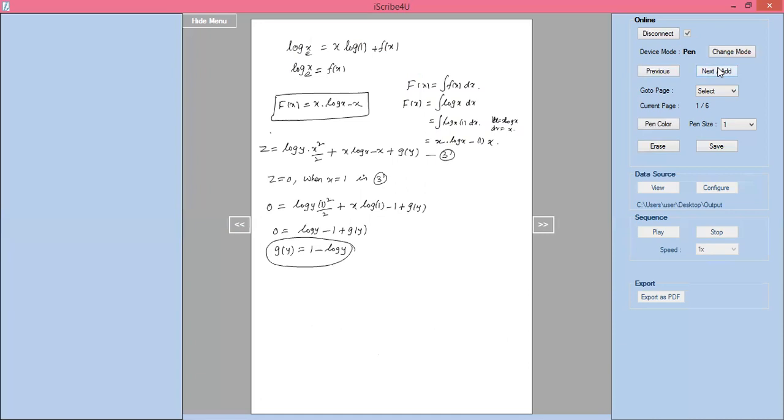Substituting g of y in equation 3, you'll get z equals log y into x square by 2 plus x into log x minus x plus g of y, which is 1 minus log y.